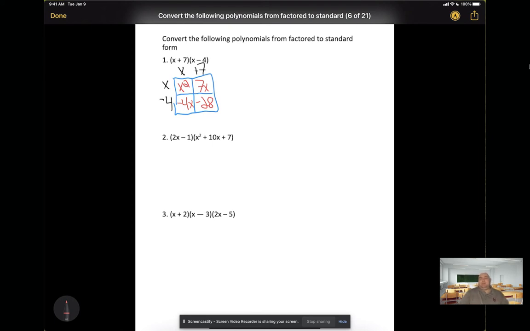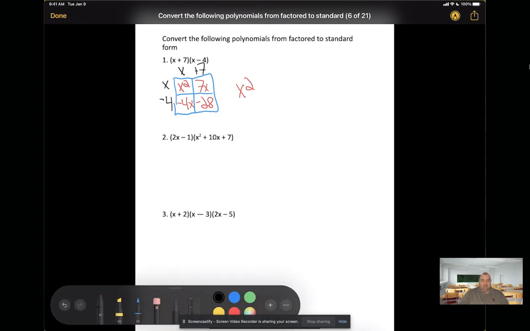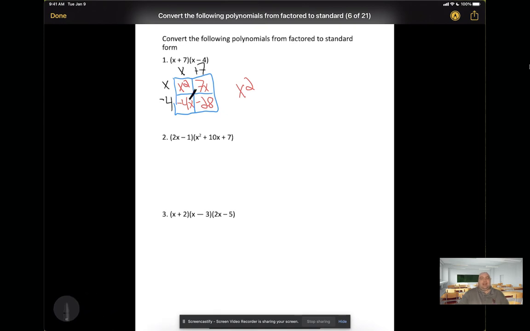So I fill in the box by doing all of those multiplications, and now I can go ahead and write out the answer. So to write out the answer, I'm going to start off in the top left part of the box. So I'm going to start off with x squared. And then what I like about the box method is that as I work my way down these diagonals here, the diagonal will give me the like terms that I need to combine.